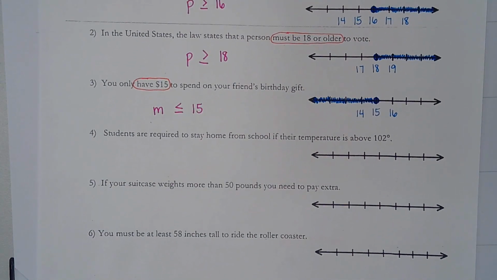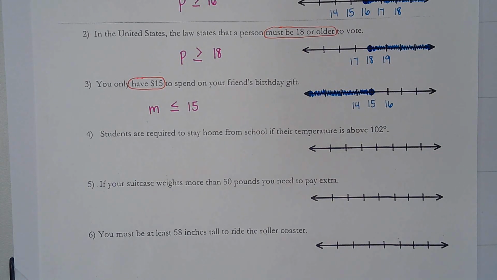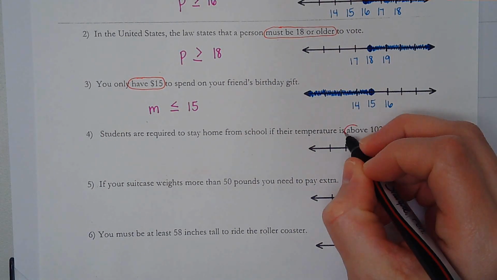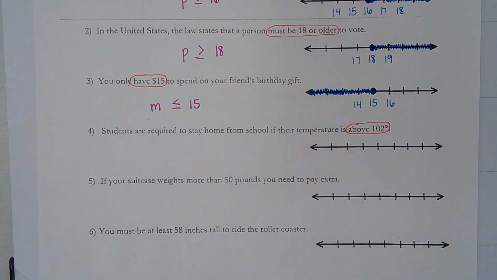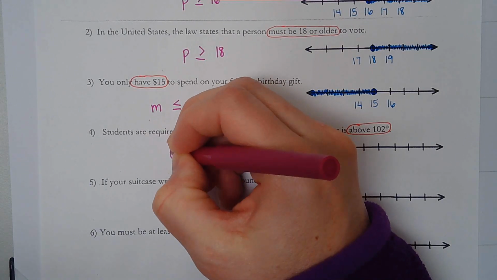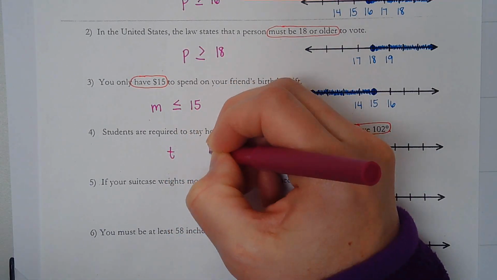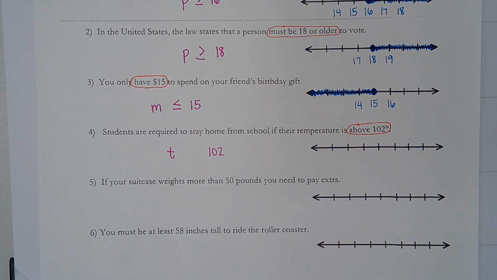Next one. Students are required to stay home from school if their temperature is above 102. So this is temperature, so we'll say a T, and my number is 102. It says if their temperature is above 102.